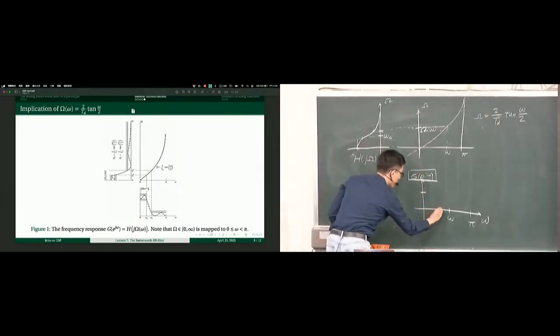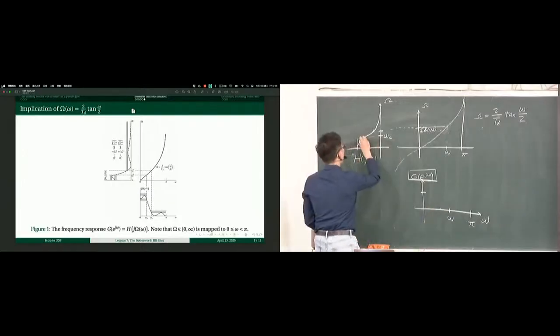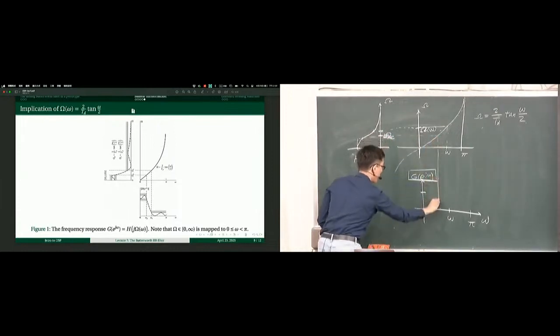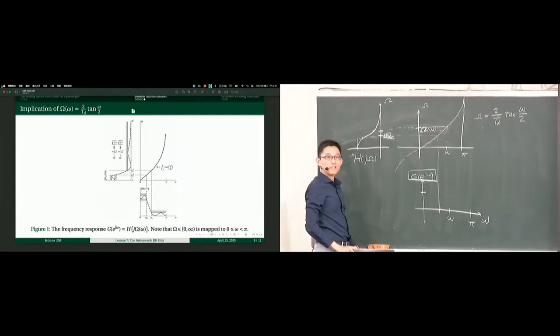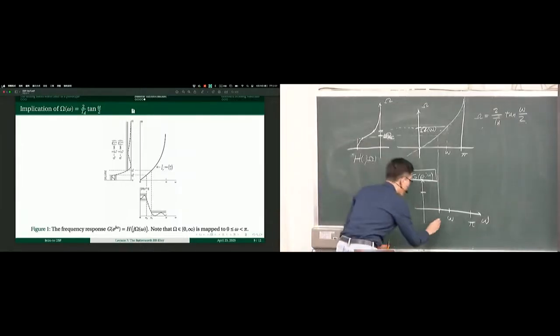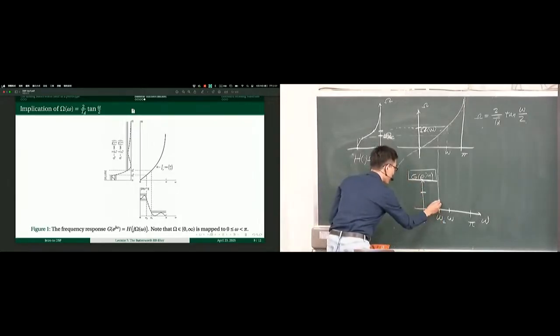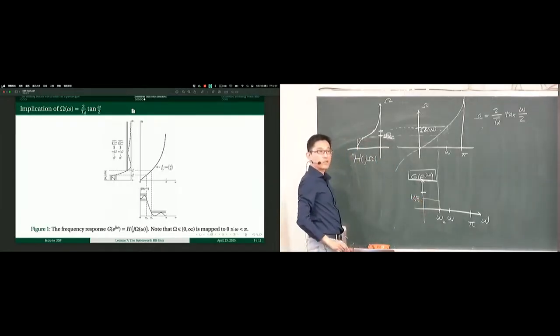Okay? Corner frequency big omega C right here, corner frequency small omega C right here. So you can go freely between big omega and small omega. We know that right here, the gain should become 1 divided by square root of 2, and so on.